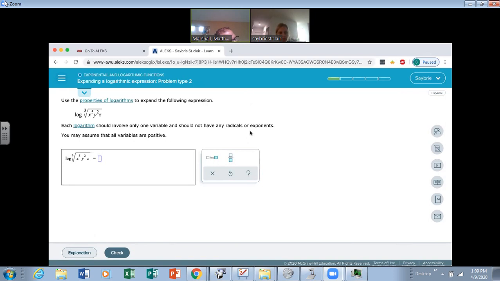And now I got to take out the exponents, so that times is that times 5 times by 1/3. So my final answer, I'm thinking it's going to be 5/3 log x plus 2/3 log y plus 1/3 log z.